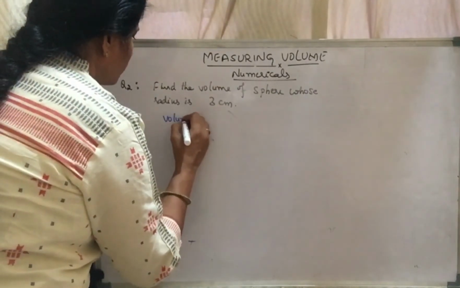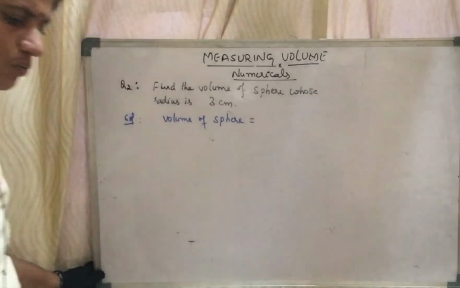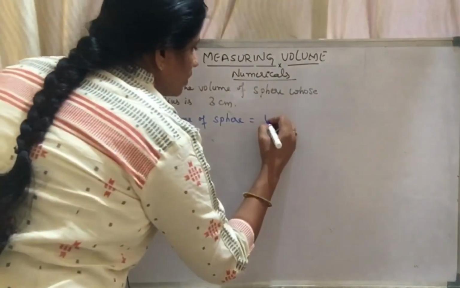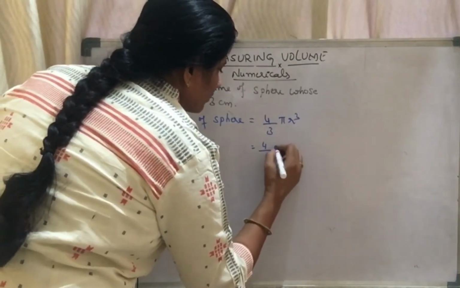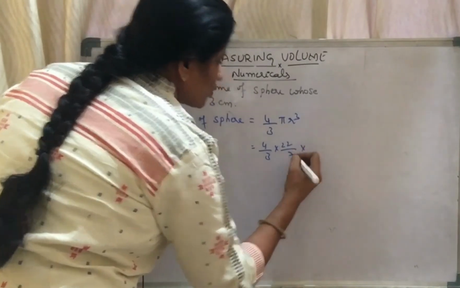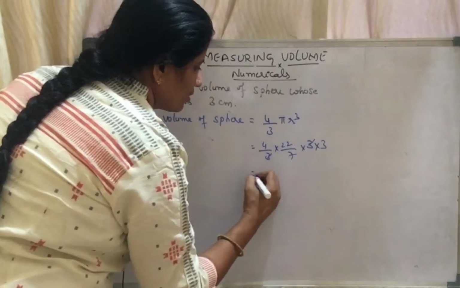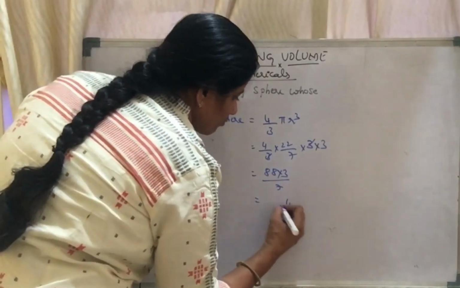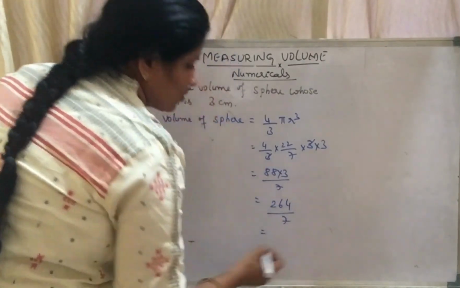We know that the volume of a sphere is... So children, what is the volume of the sphere? In the previous class I taught you the volume of the sphere. Yes, V is equal to 4 by 3 pi r cube. 4 by 3, as informed earlier, pi value is 22 by 7 and the radius is 3, 3 multiplied by 3 multiplied by 3. So 88 multiplied by 9 divided by 21, which gives 264 by 7.